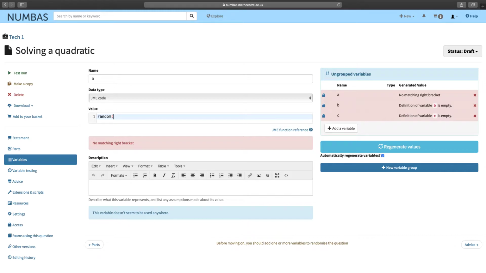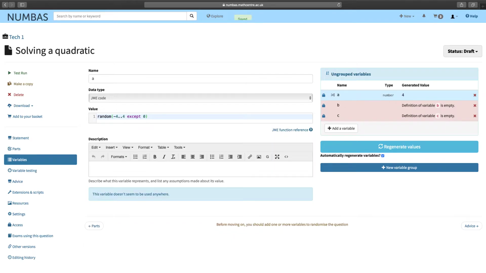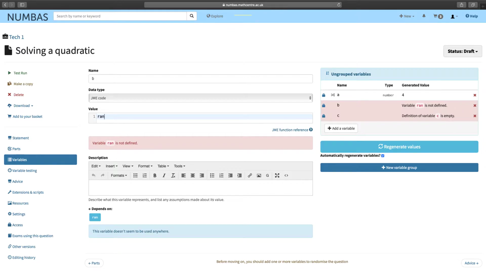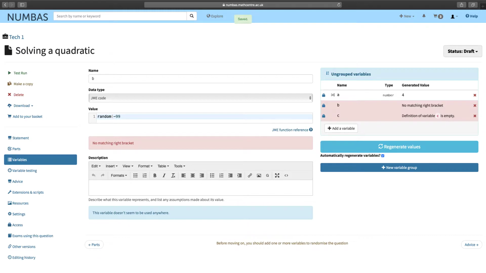I guess we don't want it too big. Let's do it from -4 to 4. And again, we don't want this to be 0, otherwise we're not going to have a quadratic. And for b, let's make it a bit bigger, -9 to 9.